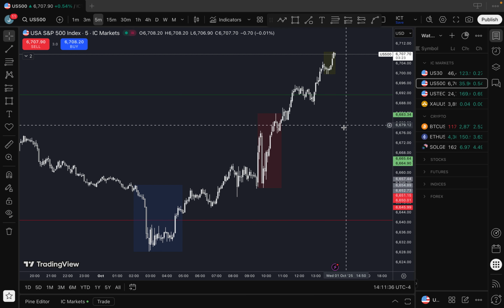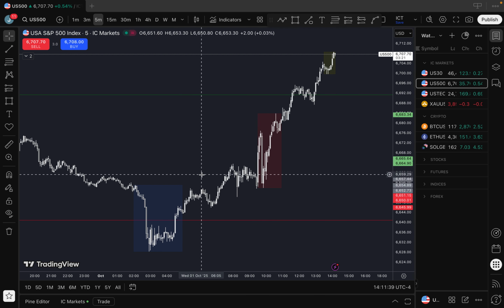And on US500, yesterday we had 68 plus 50, so 118 plus 35, 153. 390 minus 153, 237 pips on the week.